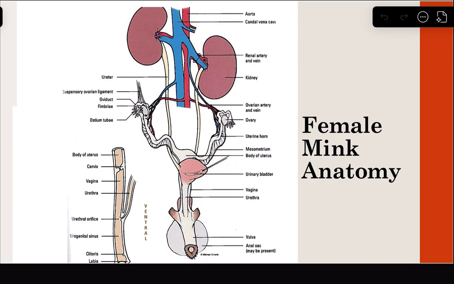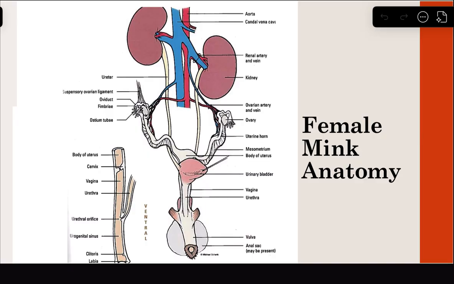The presence of these ovaries over here. You can see the fimbriae, right? You can see the urinary bladder. You are going to have to kind of break it down and look for what should and shouldn't be there, right? There are certain things that are present in the male specimen that aren't present in the female specimen.